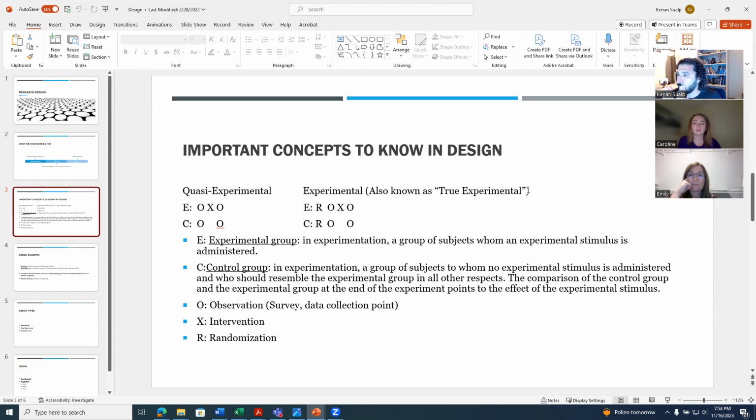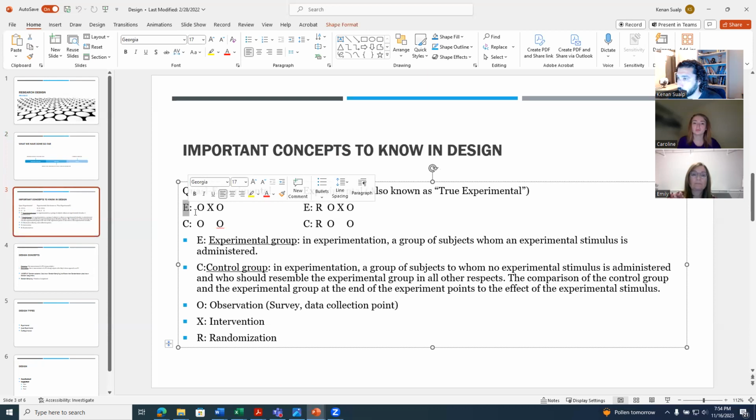So let's first start talking about what these diagrams mean. What is E, what is C, what is O? When I see something like that, what should I understand? E here is the experimental group.